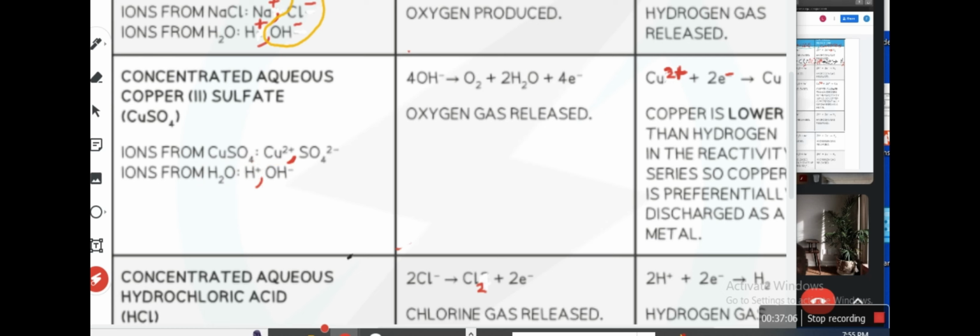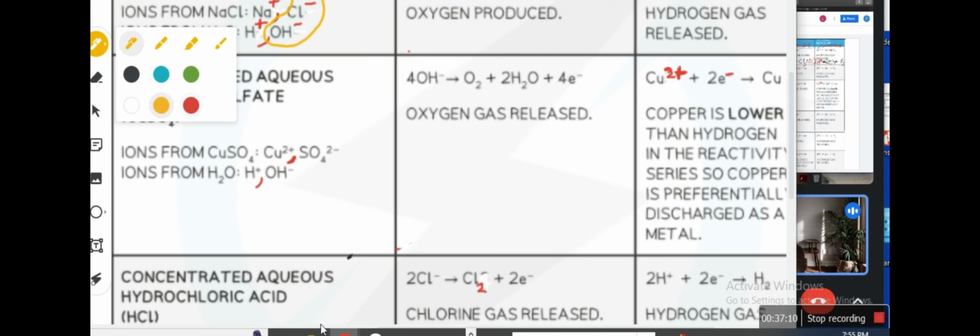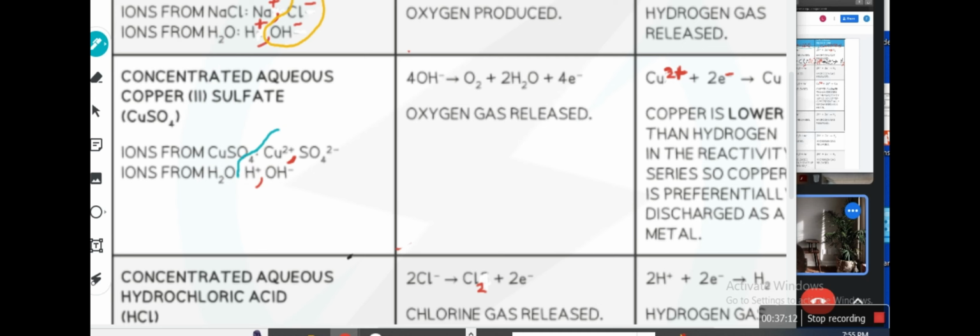Okay, so these ones I'm circling in blue, do they go to the anode or cathode? They will go to the cathode because the cathode is the negative plate.